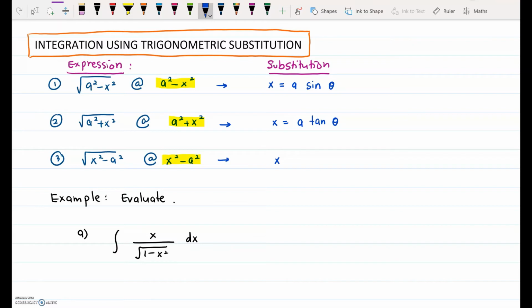And the third one, the expression x square minus a square, we will substitute x as a secant theta. Meaning here you have to identify what your a and also your x are. Sometimes the x is not just x, it can be anything, 5x, 2x, or anything. Next we will see examples of integration by using trigonometric substitution.